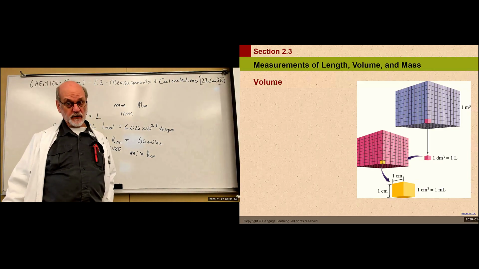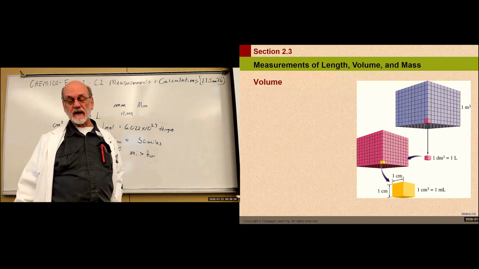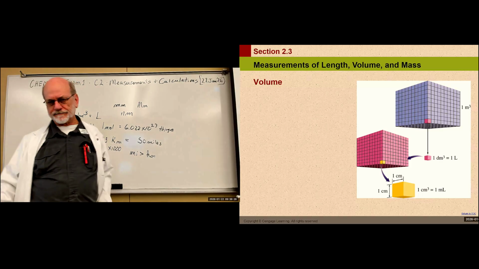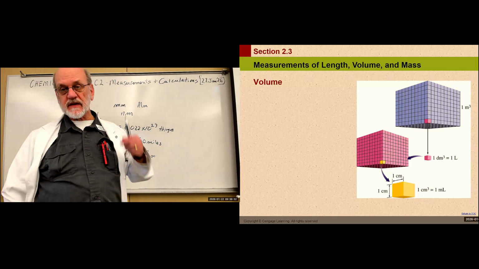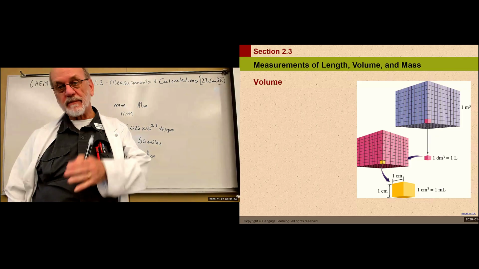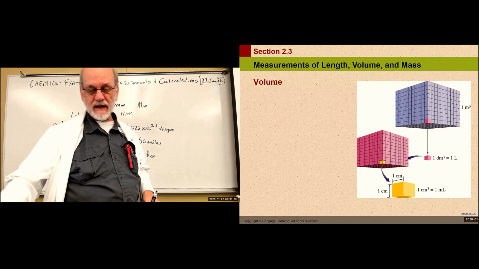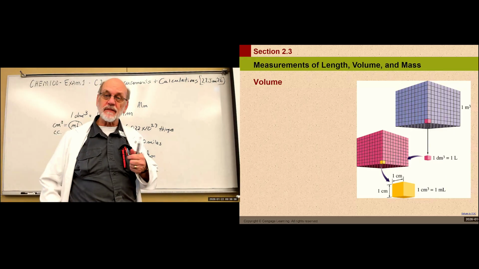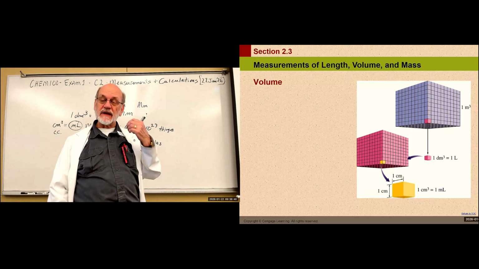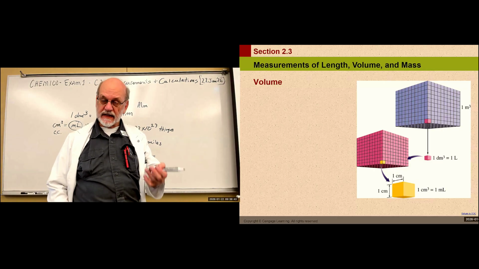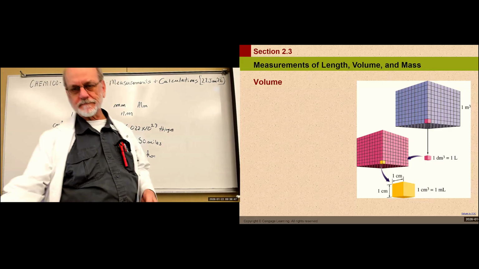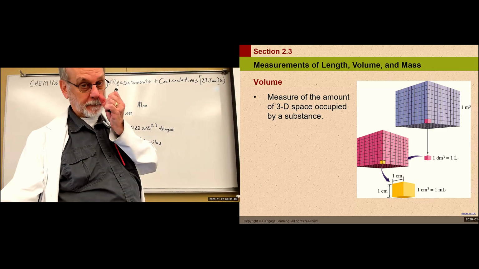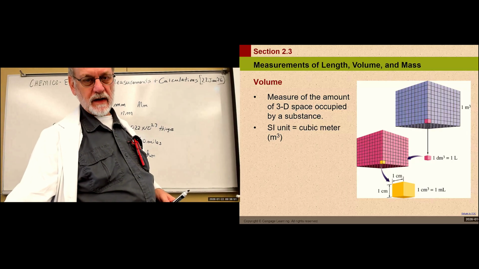Now I think most medical devices in volume use milliliters as their measure. But notice 1 cubic centimeter is exactly identical to 1 milliliter. And it takes how many milliliters to make a liter? Well, if a milliliter is 1,000th of a liter, it'll take 1,000 of them to make a liter. All right.